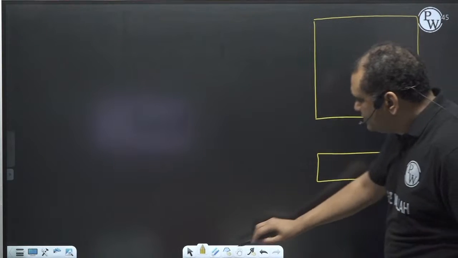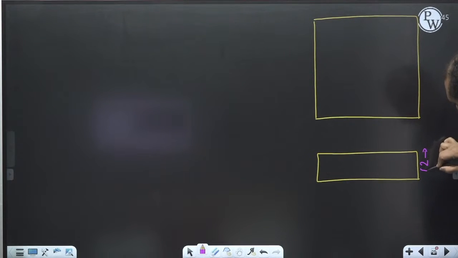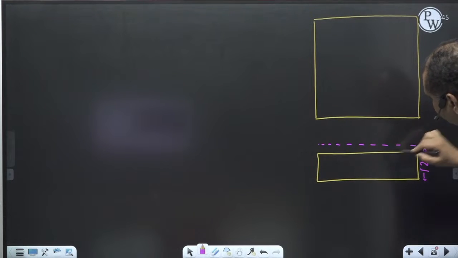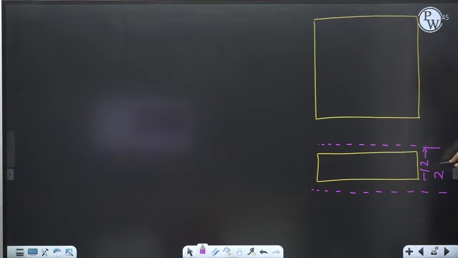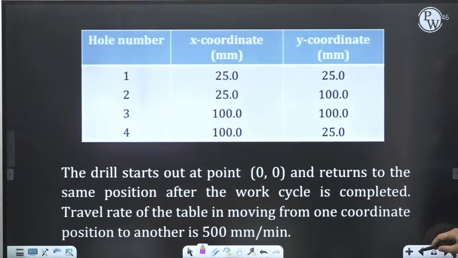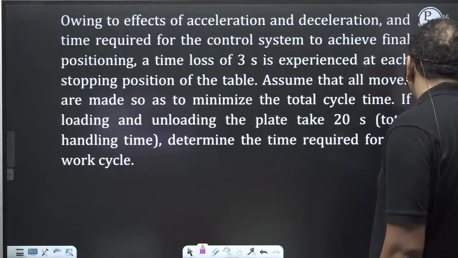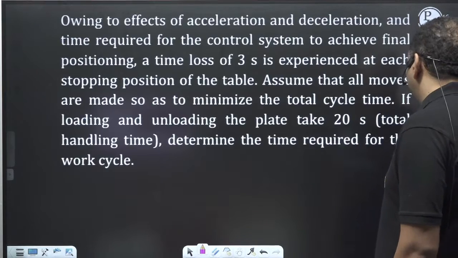Although the plate thickness is 12 mm, we are giving feed of 20 mm to make sure that the hole is through and through. Okay, na? And diameter of hole is 10 mm. Okay, na?